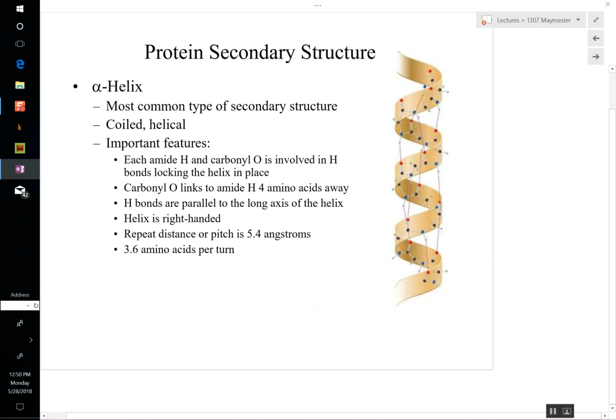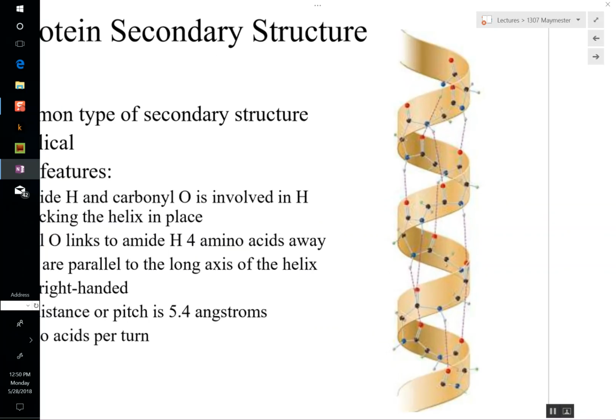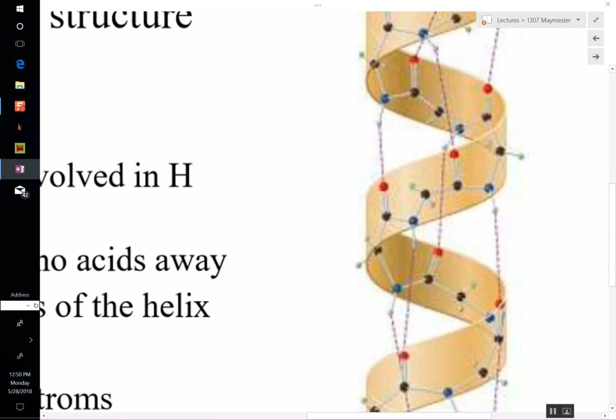Here's the alpha helix. And I'll blow this up bigger so we can see it. So in this helix, we're spiraling up through the amino acid sequence here. So we're going from one amino acid to another amino acid to another, spiraling up through here. And what are we doing?